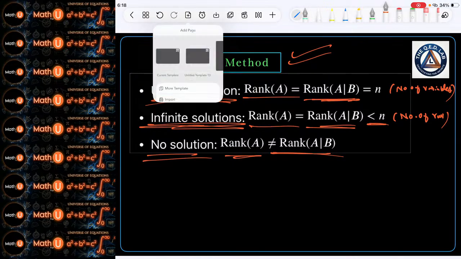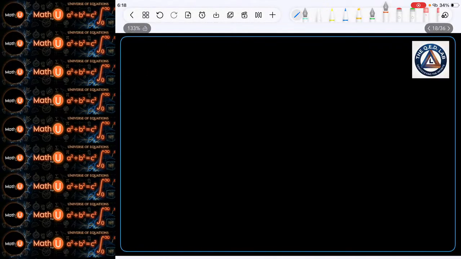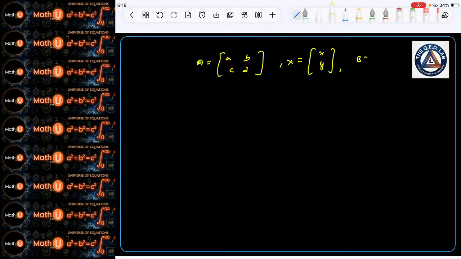You should remember this one, the rank method. See, I'm going to tell one shortcut trick. If I consider a system, I will write a matrix A, B, C, D, multiplied by X equal to x, y, and the B matrix as some different K1, K2, for example.